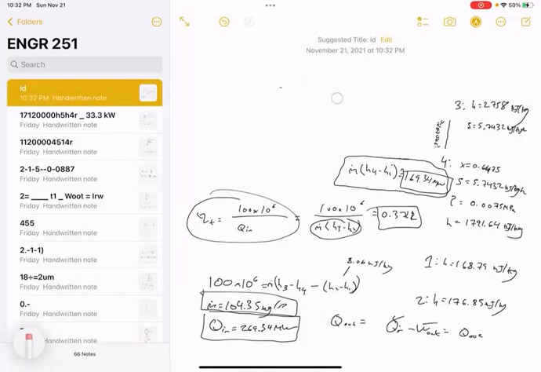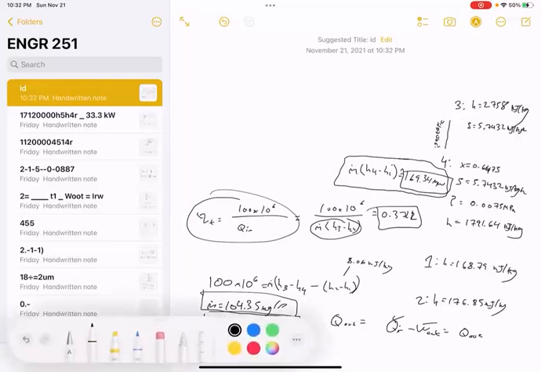Okay, so we know how much heat we're ejecting into the cooling water. The question is, how much water do we need to pump in to be able to absorb that heat while raising the temperature of that water from 15 to 35 degrees Celsius. So I know the heat transfer to the water is the heat transfer in the condenser.